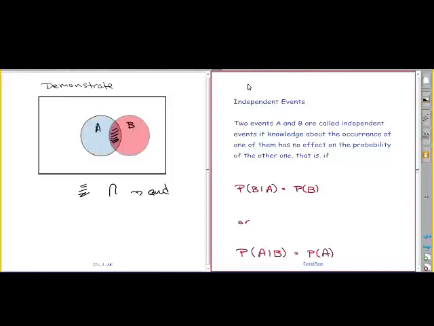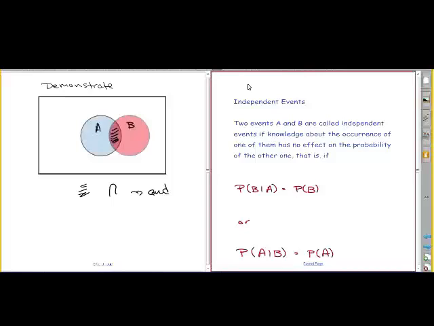Okay, now just like we had mutually exclusive probabilities in the previous section, we also have this idea of two events being independent of each other. If two events are independent, the knowledge of the occurrence of one of them has no effect on the probability of the other one.